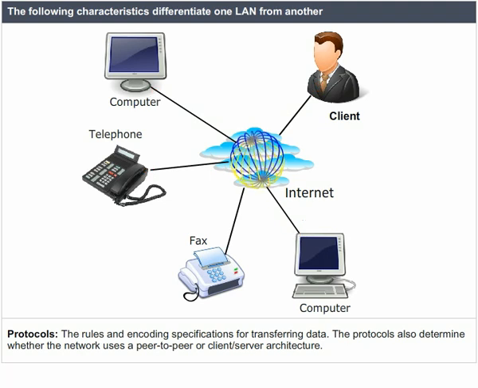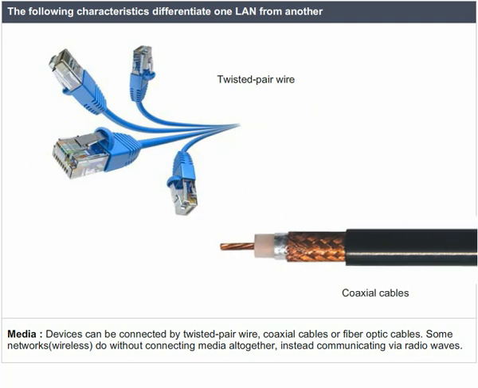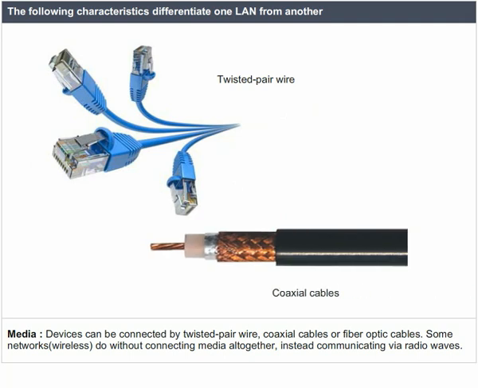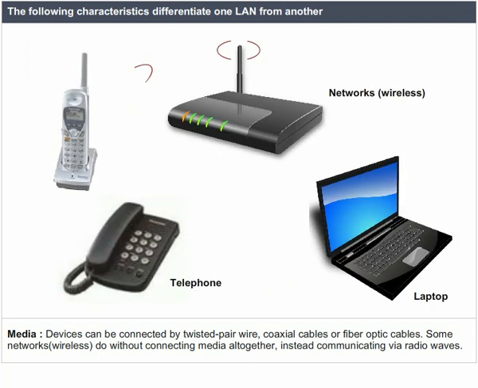The protocols also determine whether the network uses a peer-to-peer or client-server architecture. Media: devices can be connected by twisted pair wire, coaxial cables, or fiber optic cables. Some networks, wireless, do without connecting media, instead communicating via radio waves.